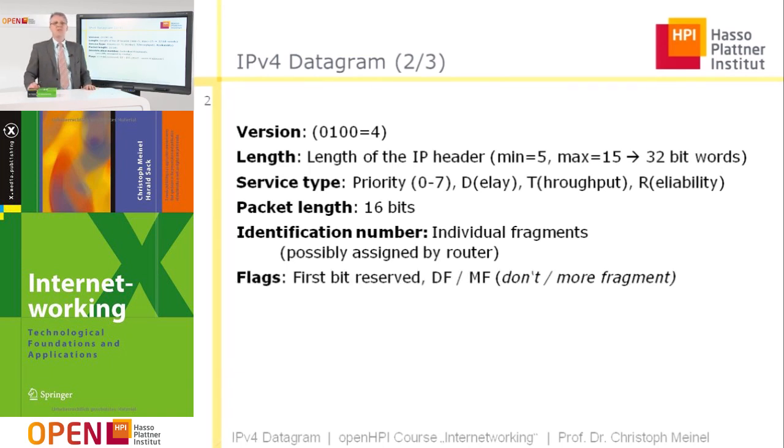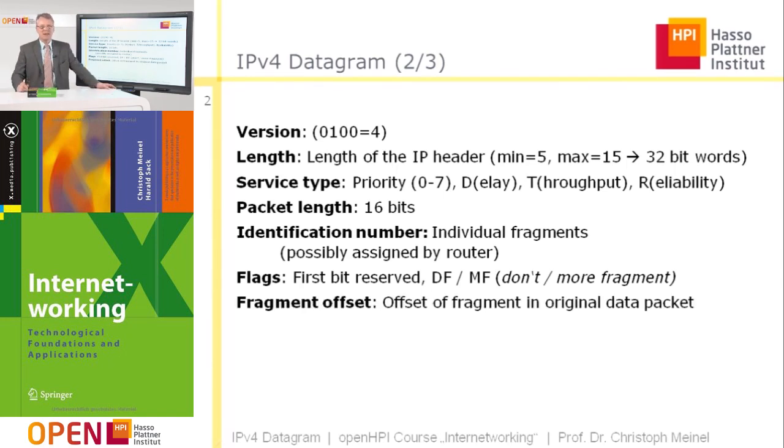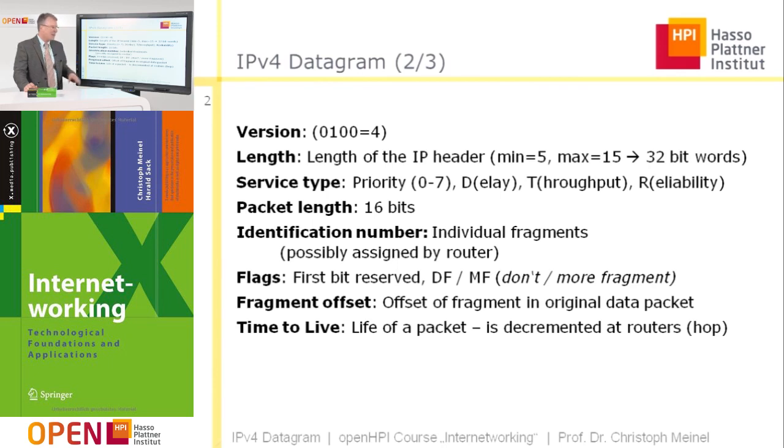The first bit is reserved, then don't fragment and more fragments. So it is information in the context of the fragmentation approach. Then we have the fragment offset. This is the offset of the fragment in the original data packet.